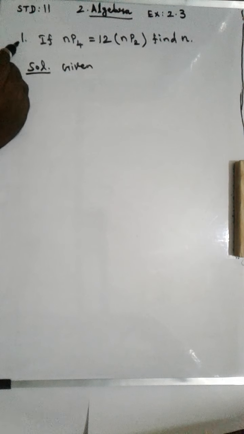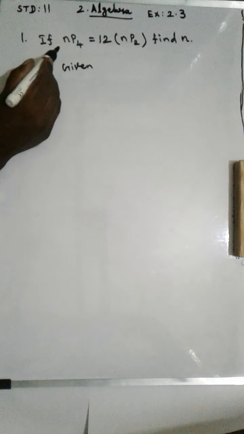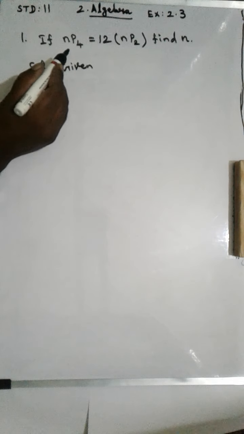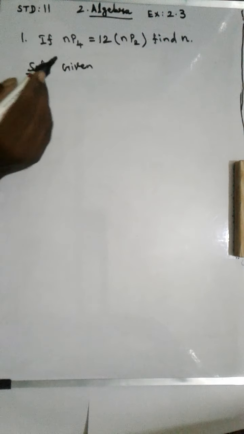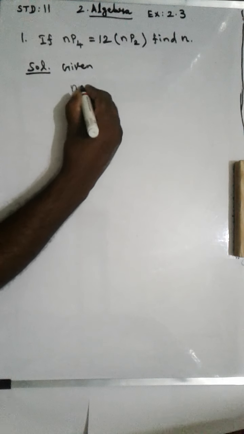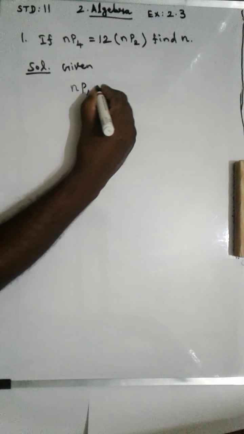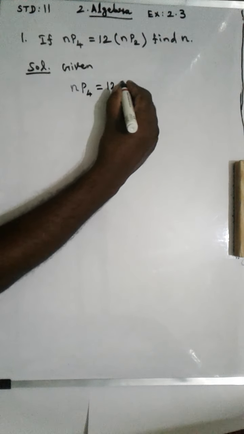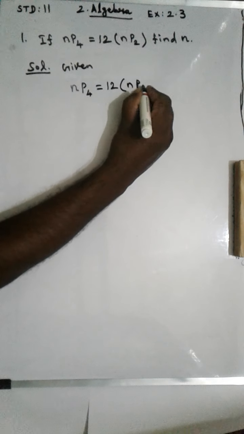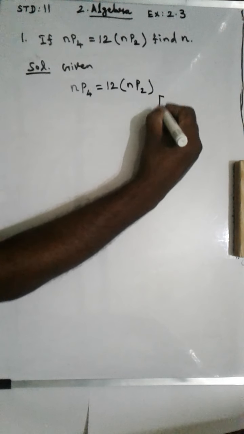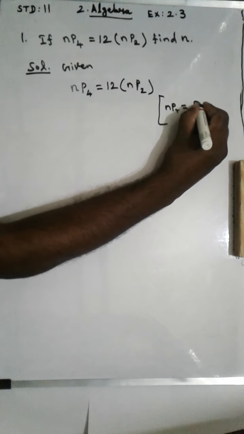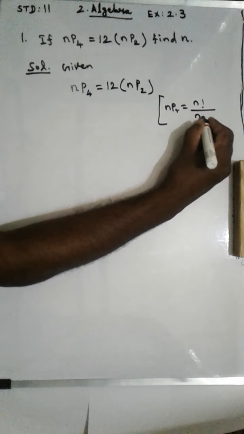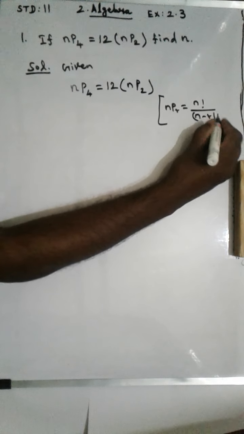Exercise 2.3, first sum. If nP4 equals 12 into nP2, find n. Given nP4 equals 12 into nP2. We know the formula nPr equals n factorial divided by (n minus r) factorial.